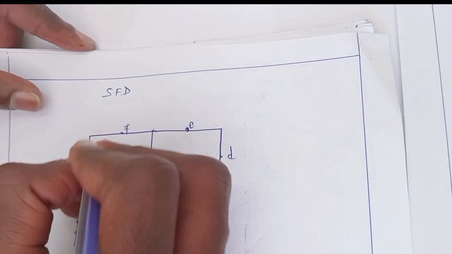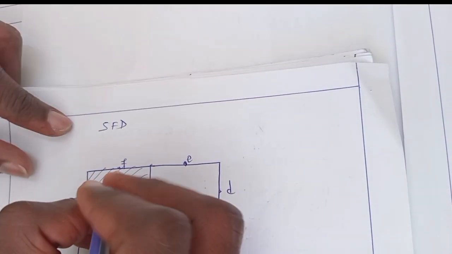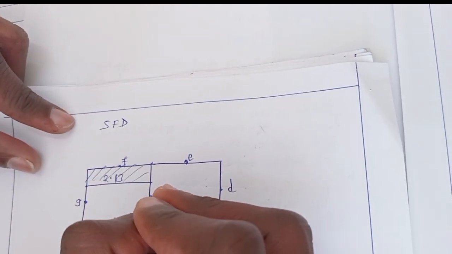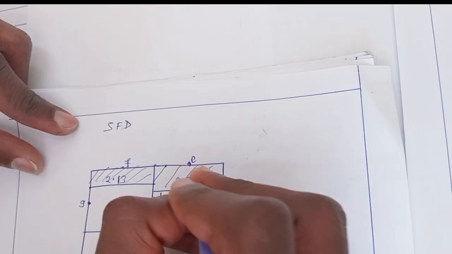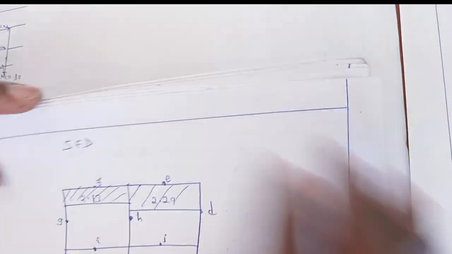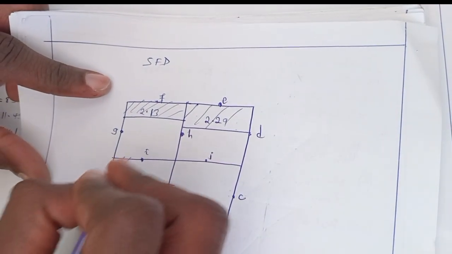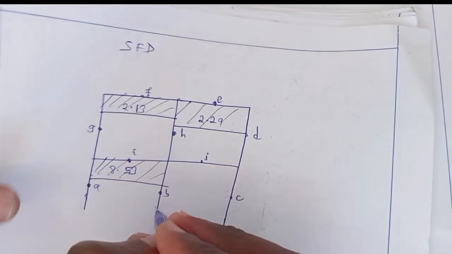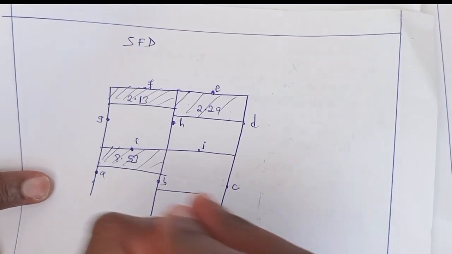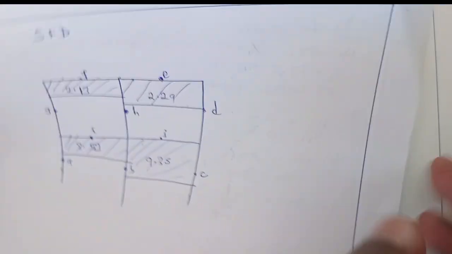Therefore, the shear force at point F was 2.13, the shear force at point E was 2.29, the shear force at point I was 8.53, and the shear force at point J was 9.35.